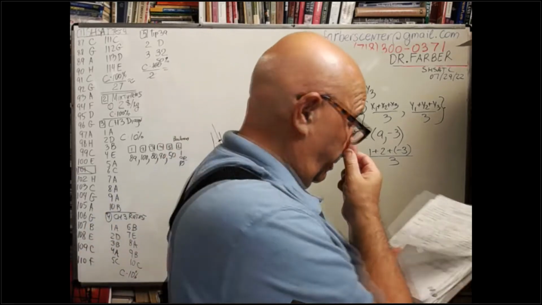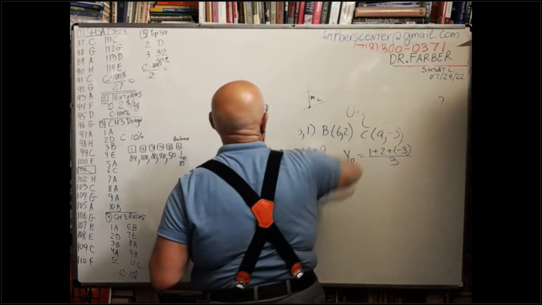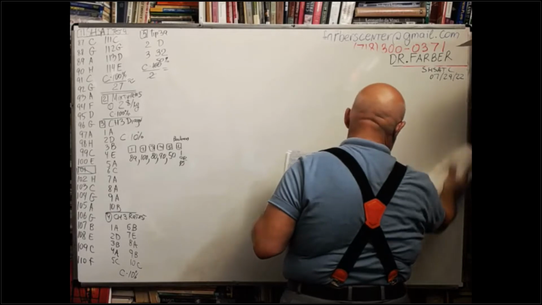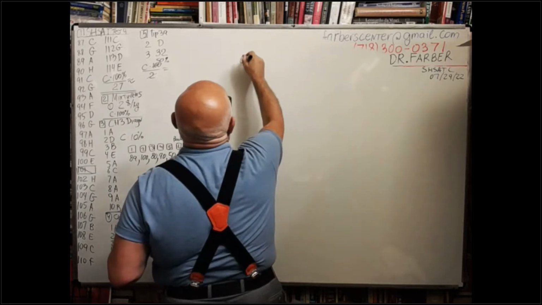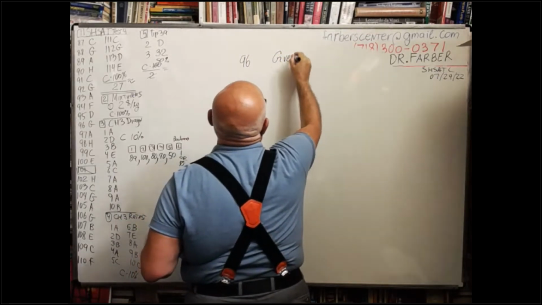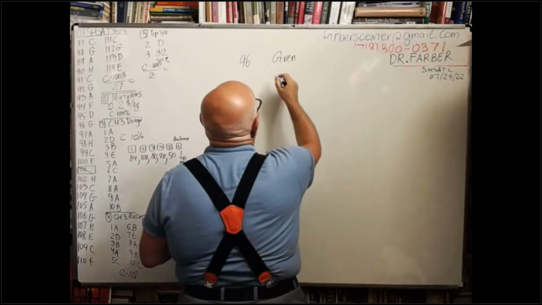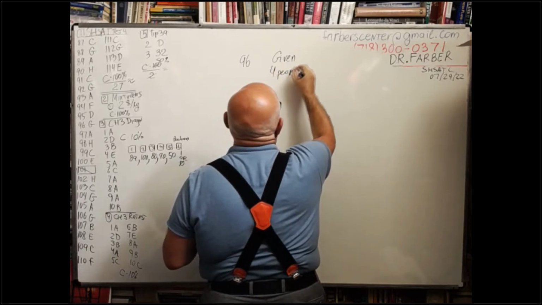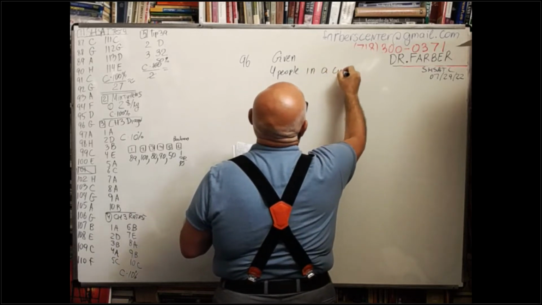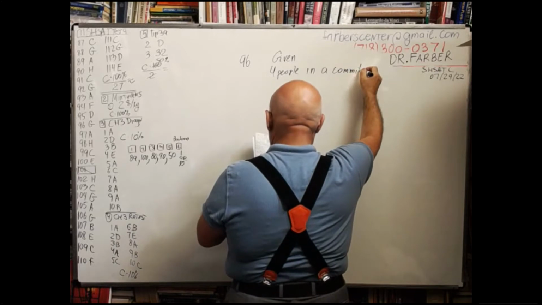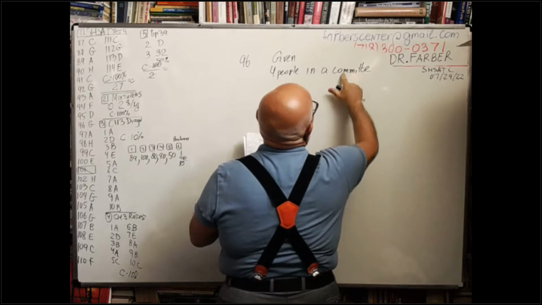We did many problems like this. So let me see what is given. 96. It's related to combinatorics, with so many problems like this. What is given in 96? They said 4 people in a committee.